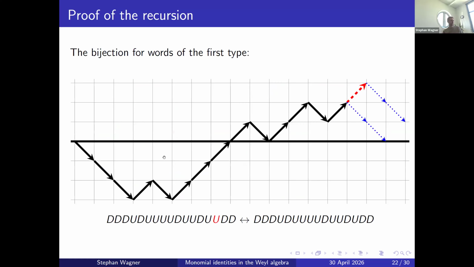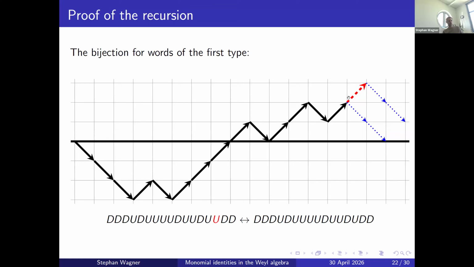Here is an illustration of the bijection in a special case. This is the first type. So my path drawn here has only one vertex at maximum height, here at the end. That's the peak of the red arrow.